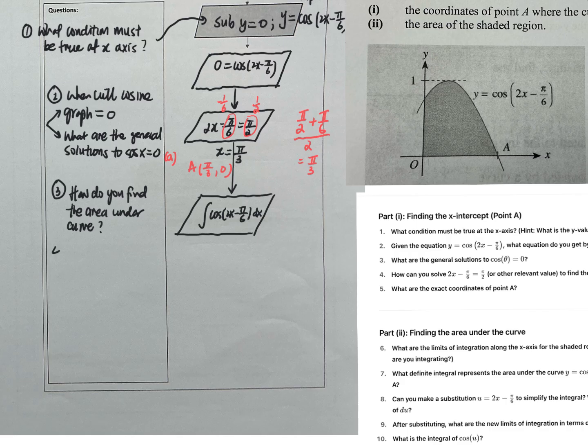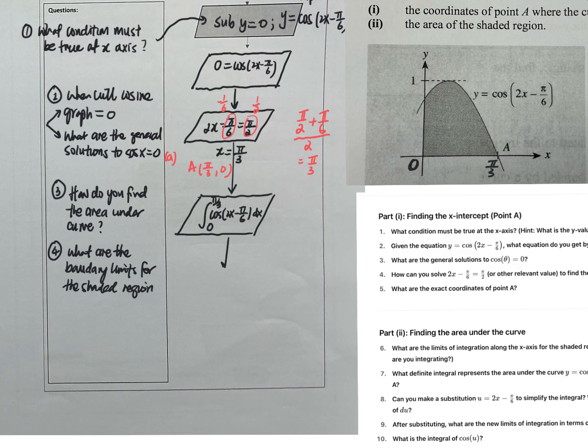And then of course you ask yourself, what are the boundary limits for the shaded region? So you will integrate from 0 to pi over 3. So these are the questions that should happen in your mind.